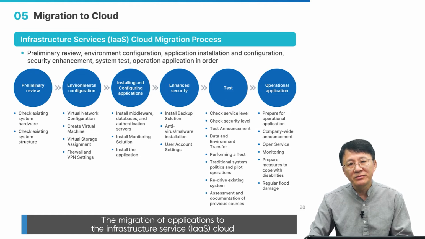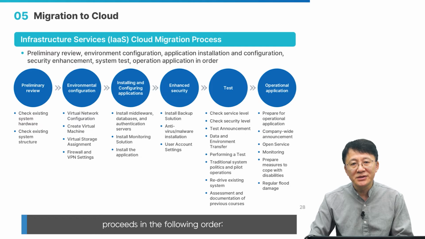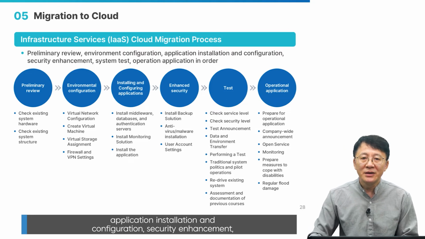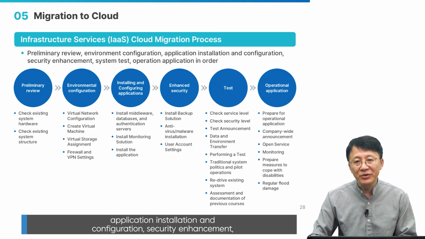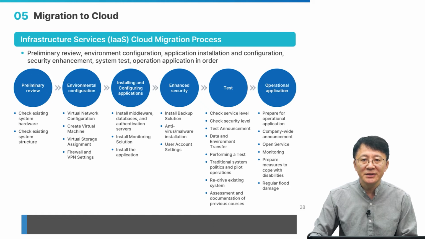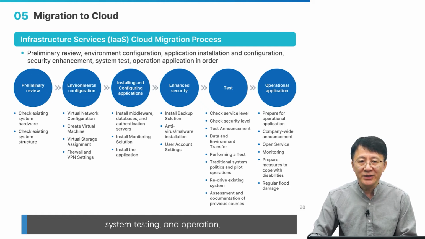The migration of applications to the infrastructure service cloud proceeds in the following order: preliminary review, environment configuration, application installation and configuration, security enhancement, system testing, and operation.